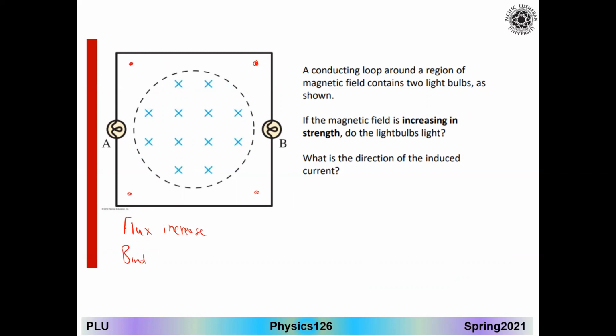B induced will be out. Now the induced current. So we're going to use the right hand rule. We find the current will be in this direction.